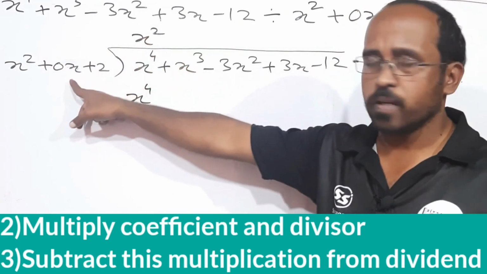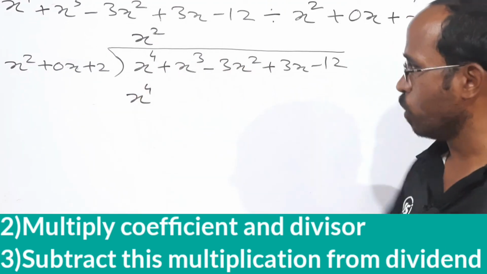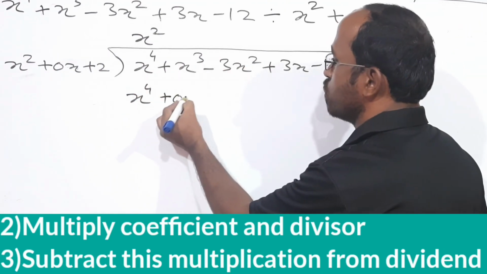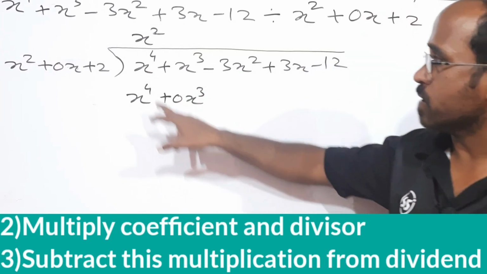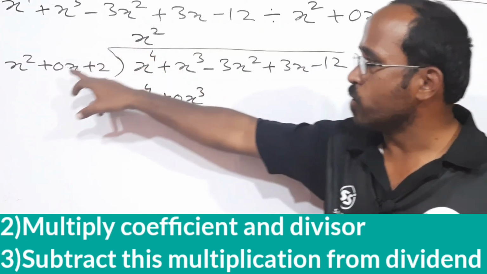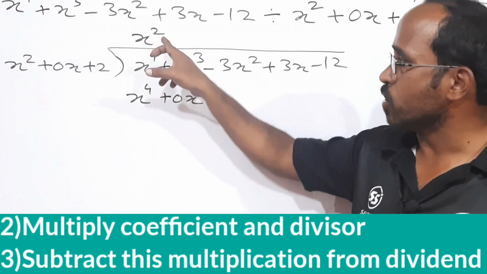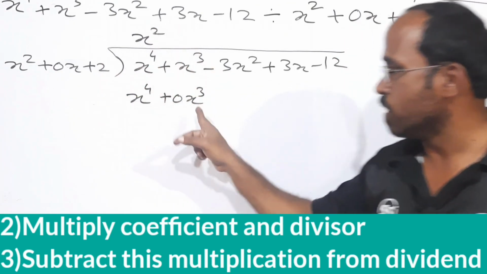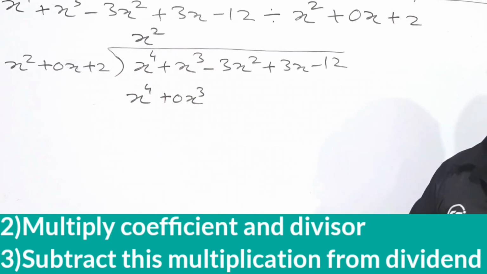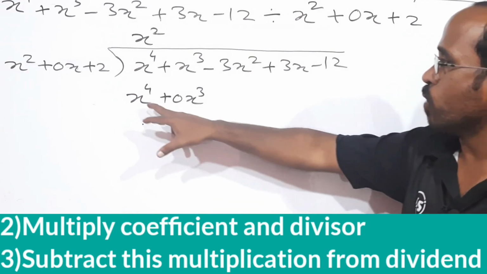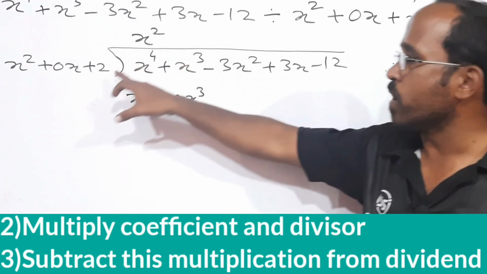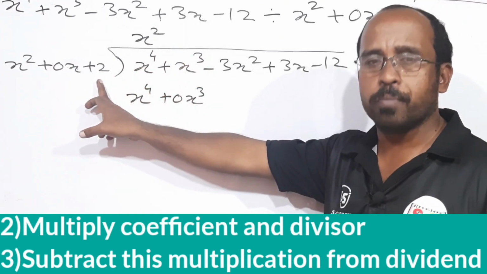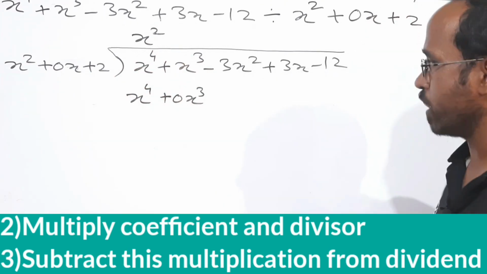X square multiplied by 0x, 0 x cube. Got it, students? Multiplication. 1 into 0, 0. Addition of indices, x raised to 2 plus 1, x raised to 3. I hope you remember multiplication of the indices. So x square into 0x is 0x cube. X square into plus 2 is equal to plus 2x square.